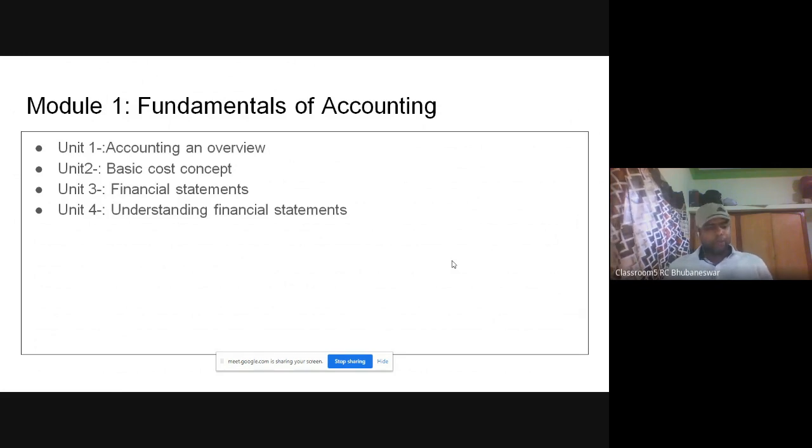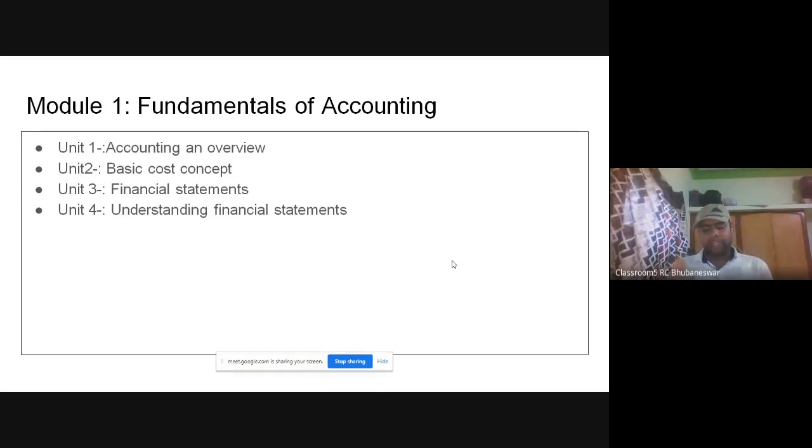Being commerce students, you all know that accounting deals with the recording part and the preparation of final accounts, and also the interpretation of the prepared financial statements in a requisite format prescribed in our standards.